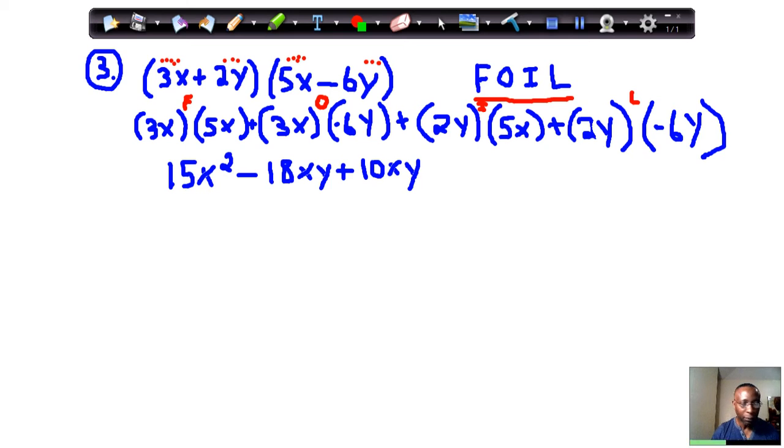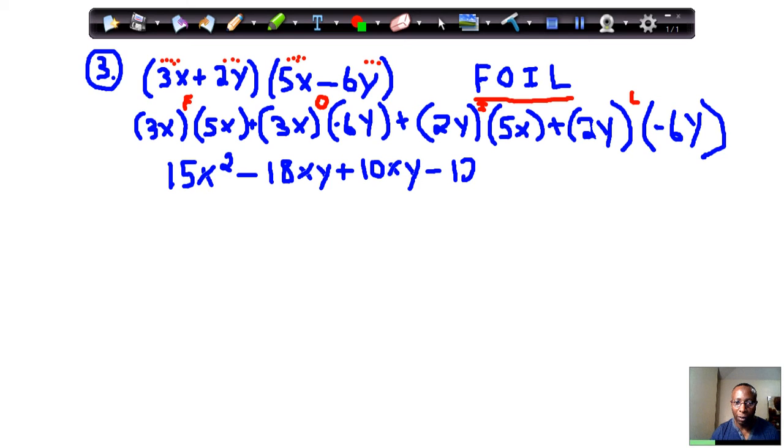Okay. And then let's do our last term, the L. So we have a positive 2y and a negative 6y. And I just told you, anytime you multiply a positive times a negative, the result is going to be what? Negative. So 2y times negative 6y is going to give us a negative 12.